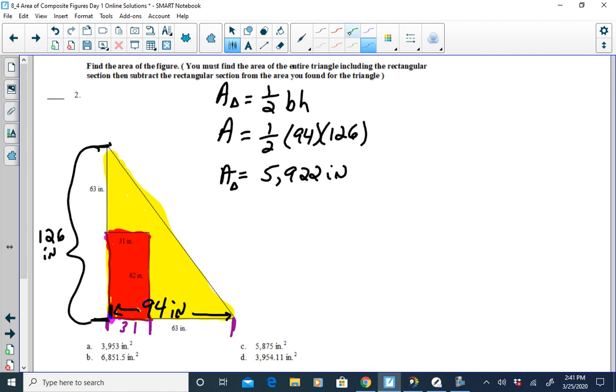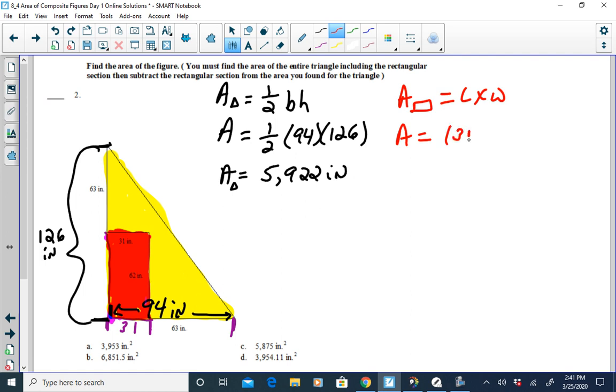So the area of the rectangle. I don't want to use that pen. Let's undo that. It should be here. I need the area of the rectangle. It's going to be length times width. So the area is going to be equal to, the length is 31, the width is 62.